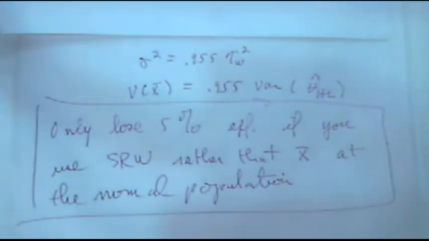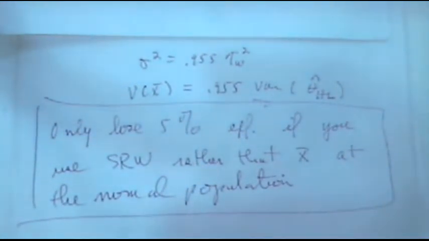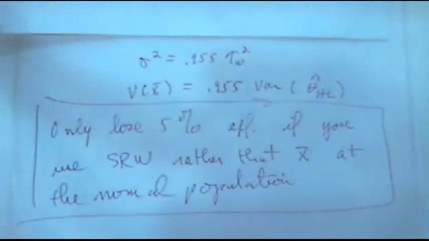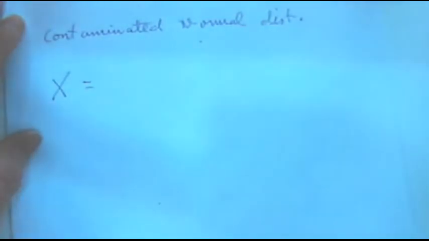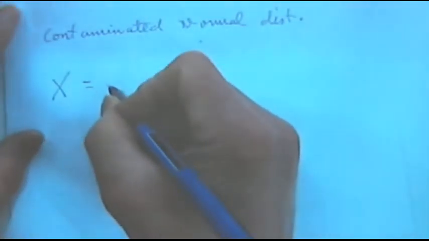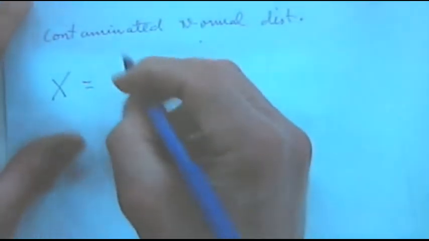But then once you get these outliers, and some people think that's the way real data is, I'm not sure. Anyway, you're sampling X, and most of the time it's a standard normal.